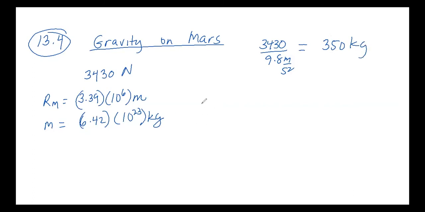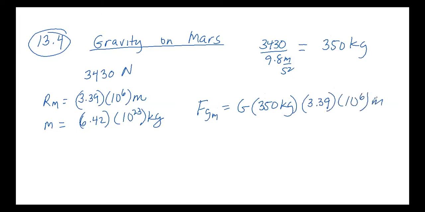All right, so we have G, so force of G on Mars equals G times M1, 350 kg, times M2, which is 3.39 times 10 to the 6 meters, divided by that distance.